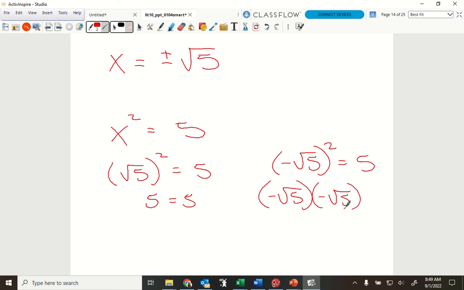A negative times a negative gives me a positive. And so it's now going to become a positive, and what's going to happen to that radical? It's gonna be gone. So I still get 5 equals 5. So that's why there's always a possibility for it to be a positive or a negative. They're possibilities, so that's important.